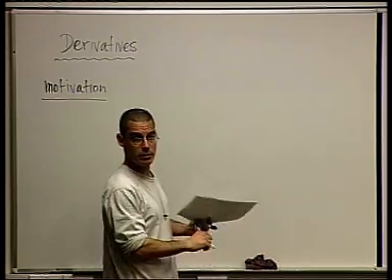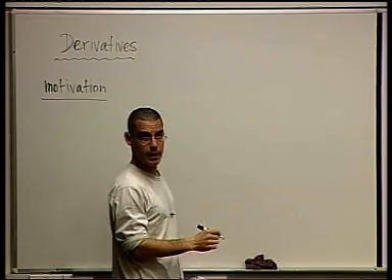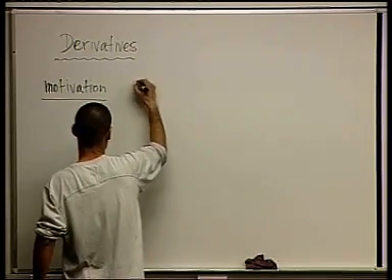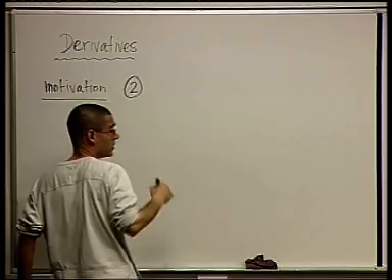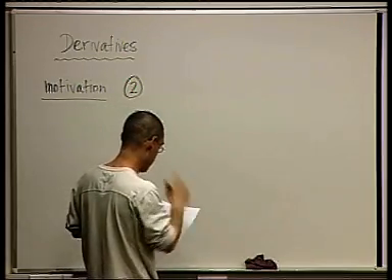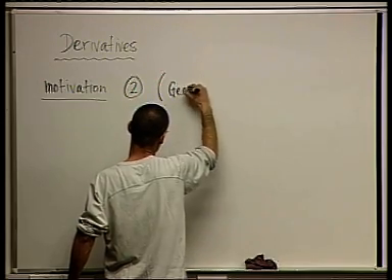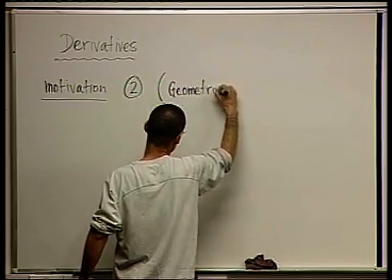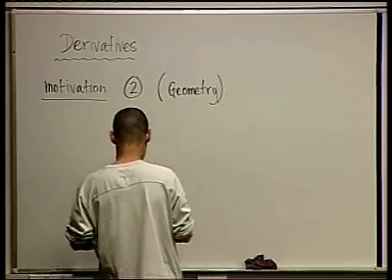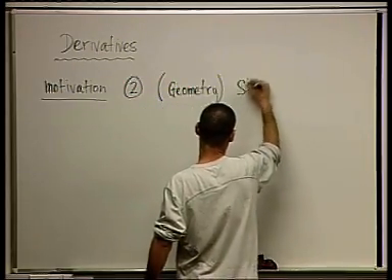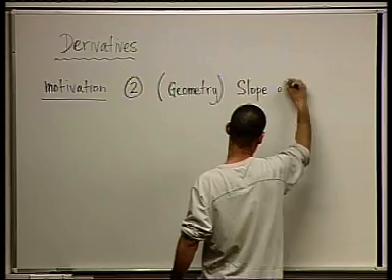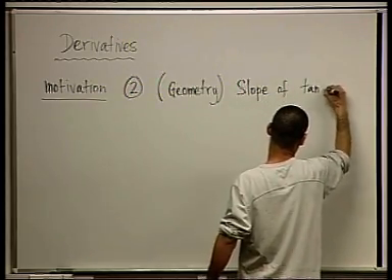That this is not really new stuff to anybody? Okay, good. I'm still going to do it in full detail, but it's good to know. So the second motivation comes from geometry, and it's the slope of the tangent line.